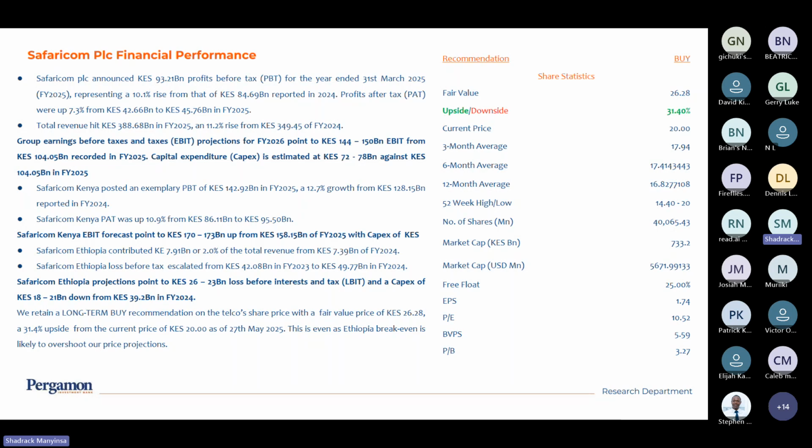Depending on how the performance is, it will inform where the rally heads. Until then, we expect the price to remain between 19 shillings and 26 shillings. Our valuation indicates around 26 shillings per share, and that is largely on Ethiopia projections and also local performance.